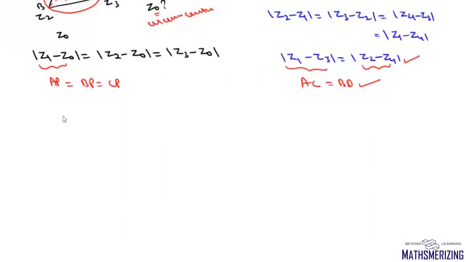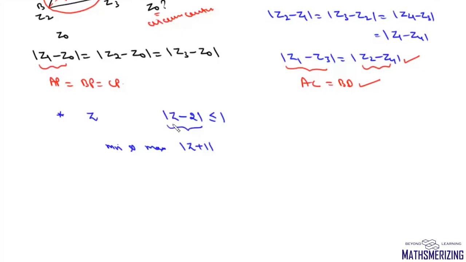Now let us take another example, and the question is, suppose Z is represented by the region given by mod of Z minus 2 is less than or equal to 1. We need to find the minimum and maximum value of mod Z plus 1. Now when we see this modulus, we know it is the distance between 2 points.